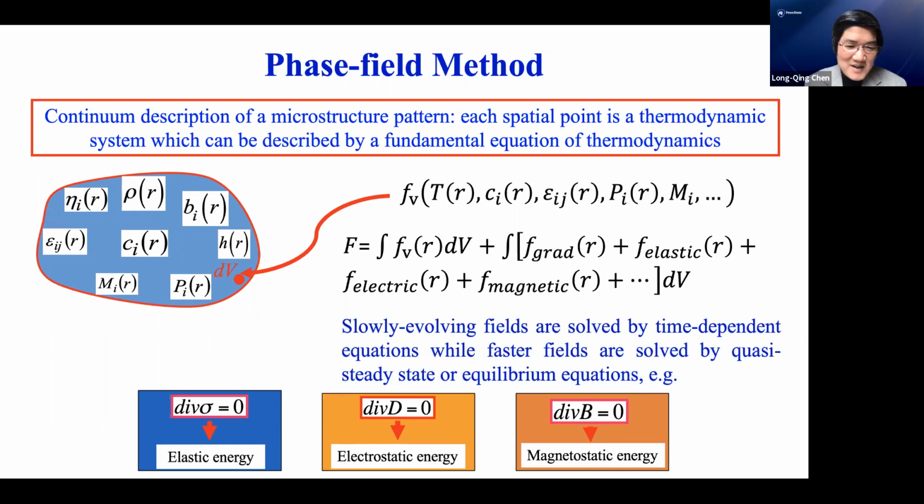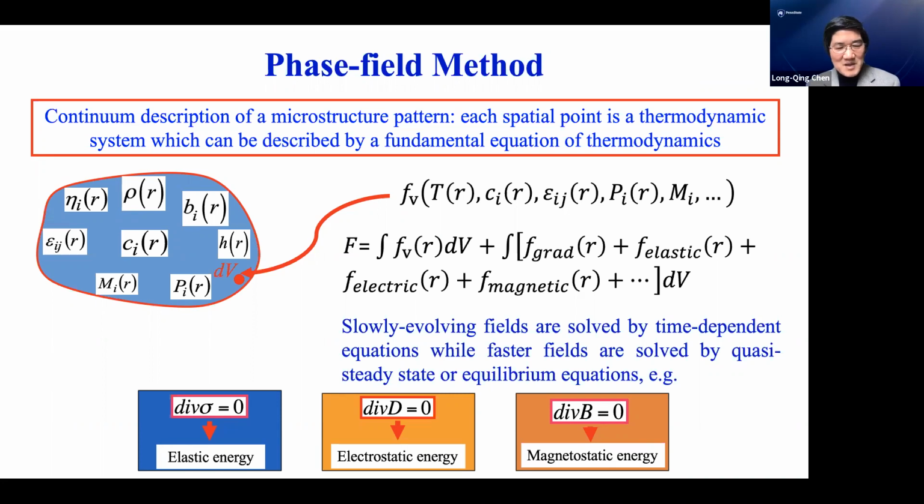So the whole idea here is that we can have more than one field to represent a microstructure, but you don't really have to evolve all the fields in a microstructural evolution. Some of them evolve faster than others. For example, long-range diffusion in materials usually evolves a lot slower than other processes like mechanical displacements.